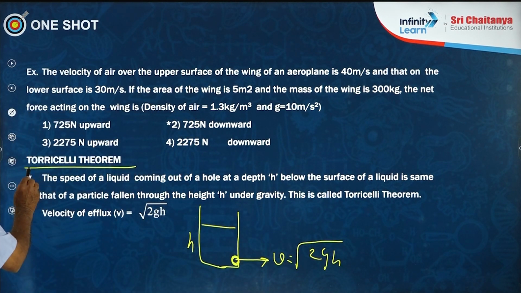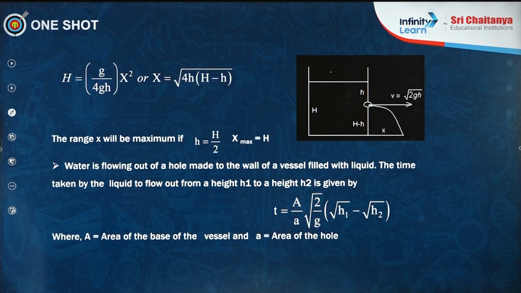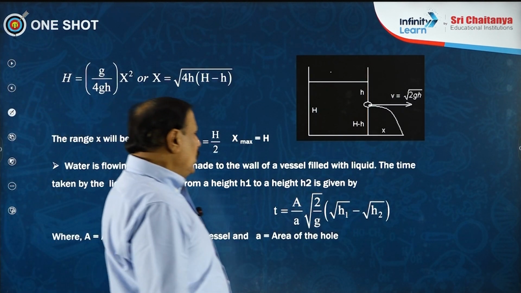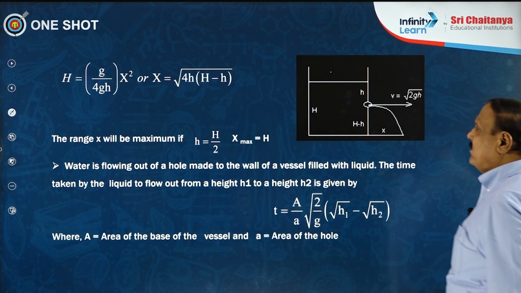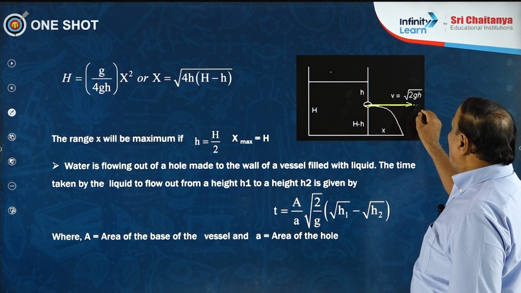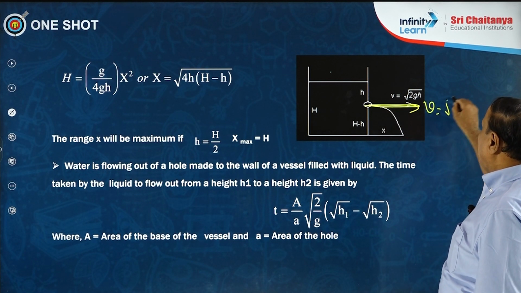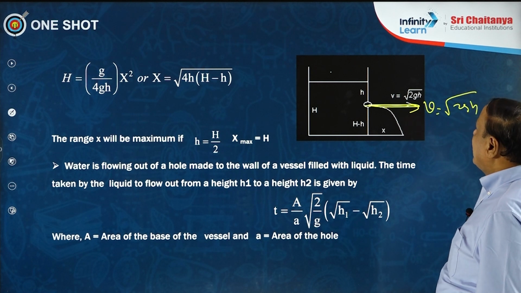This was given by Torricelli, and that velocity with which the liquid is coming out of the hole is called velocity of efflux. Based on that velocity of efflux, so many cases are there, one or two cases only we mentioned here. For example, if a liquid is coming out of the hole from here, the velocity with which it is coming is root 2gh.